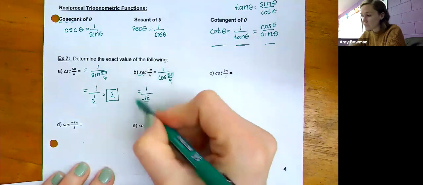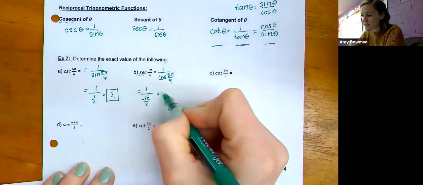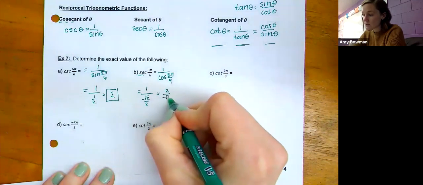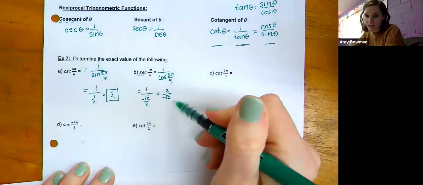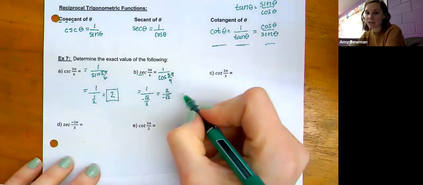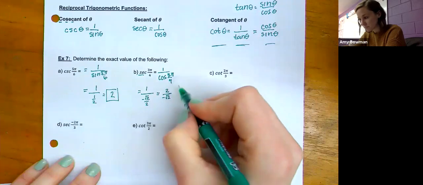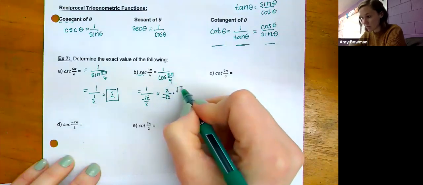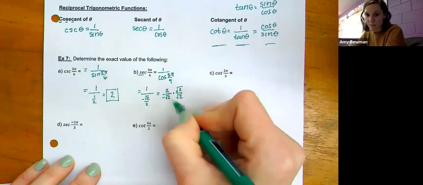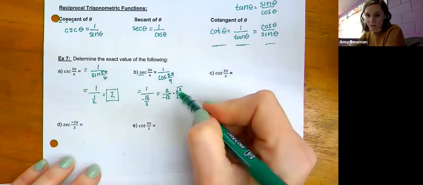So this I need to simplify. So 1 divided by that is the same as 1 times 2 over negative root 2. So this is true, but we can't write that as our final answer because I need to rationalize the denominator. To do that, just like we already know, I'm going to multiply by, essentially multiplying by 1, but really by the square root of 2 over the square root of 2.